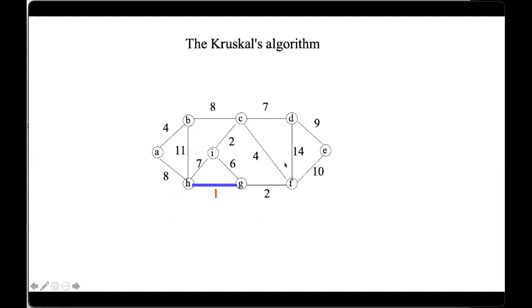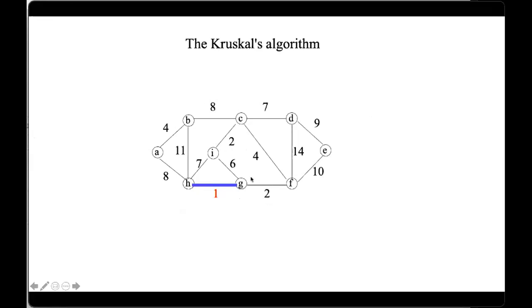So if you apply Kruskal's algorithm for this graph, assume that weights are already arranged in ascending order. The first edge we are going to select is edge H to G. Its weight is 1, so we are going to select this edge. Next there are 2 edges with weight 2. You can select any one of these 2 edges.